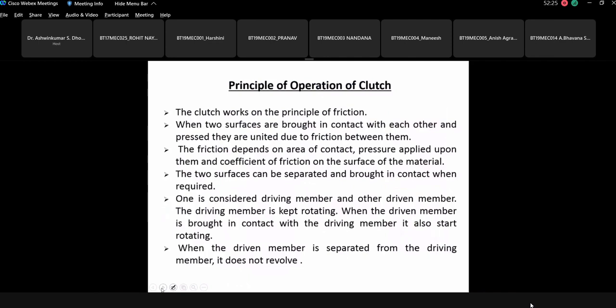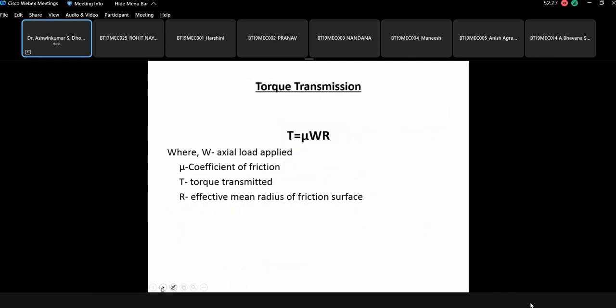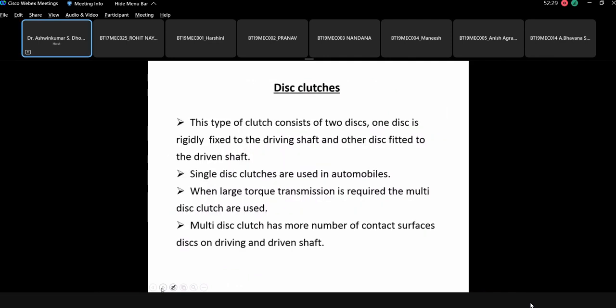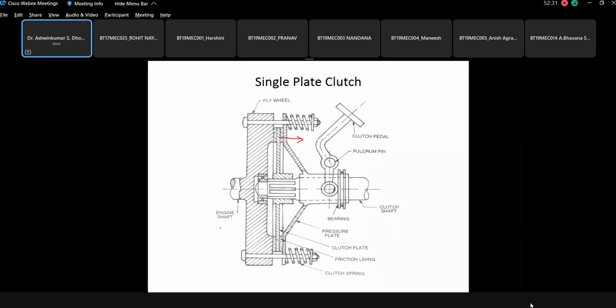So sir, we will see the single plate clutch total formula and other things in the next class, where we have to draw the figure and see why we have to shift to the multi-plate clutch. Does anybody have any doubt or want to ask any practical issue related to clutches in the vehicle? Please do ask.